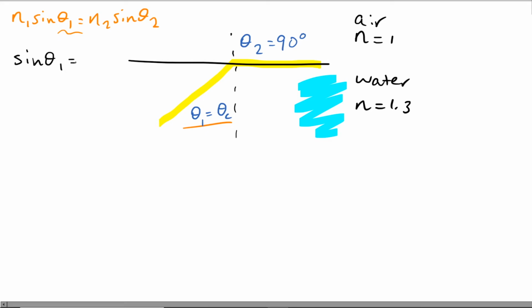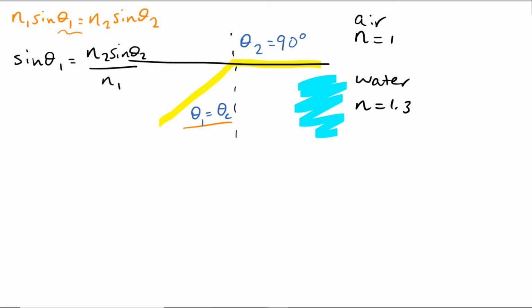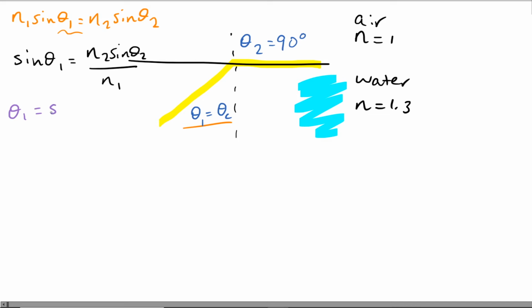Sine theta 1 is n2 sine theta 2 over n1. And remember, the opposite of sine of theta is inverse sine of theta. So theta 1 is inverse sine of the whole thing over here, n2 sine theta 2 over n1.